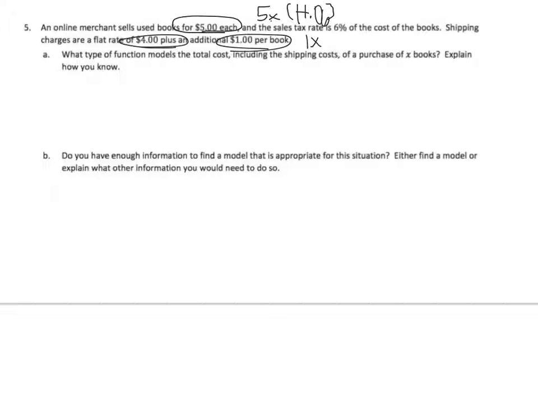Okay, this all looks very linear because everything is a per book cost. So it's a linear function.